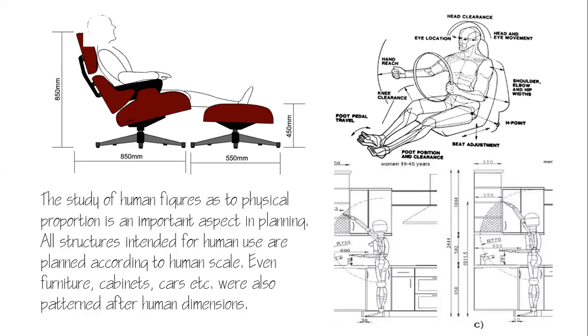So it should be based on that. For example, if you're going to design a kitchen cabinet, you design it to suffice the need. If you design a cabinet that is too high, it's not comfortable for the users.